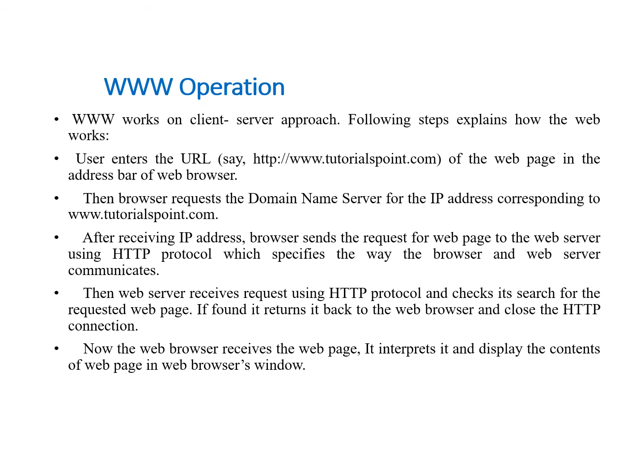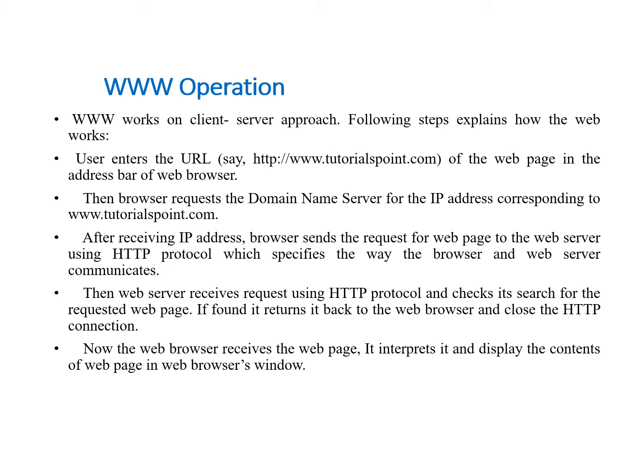This is actually what we saw in the World Wide Web architecture. So initially the user enters a URL on the browser's address bar. Then whenever he presses enter, the browser sends the address as a request towards the domain name server for the IP address corresponding to that particular address.